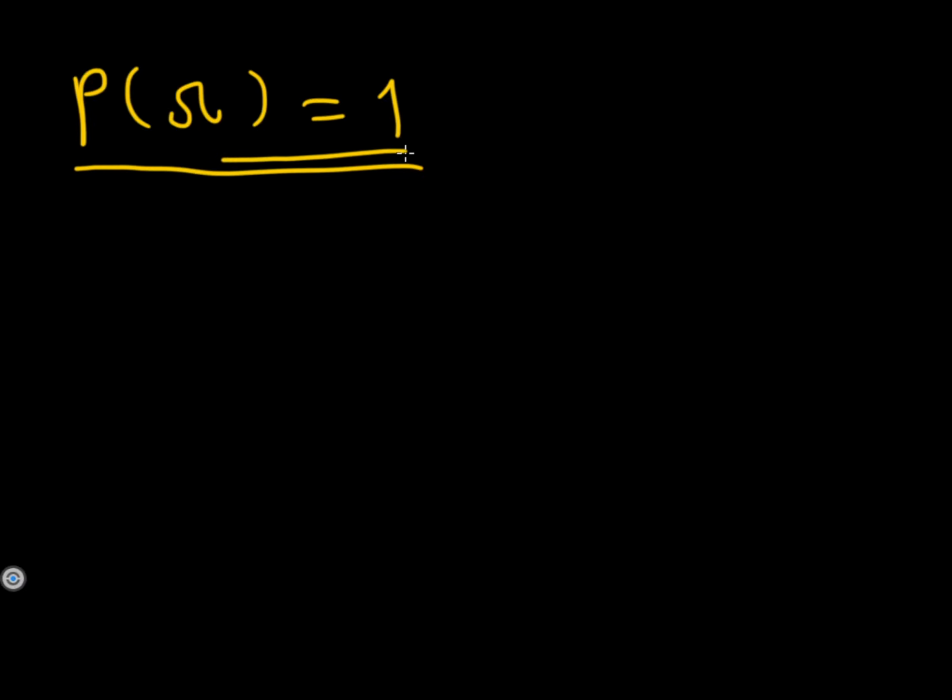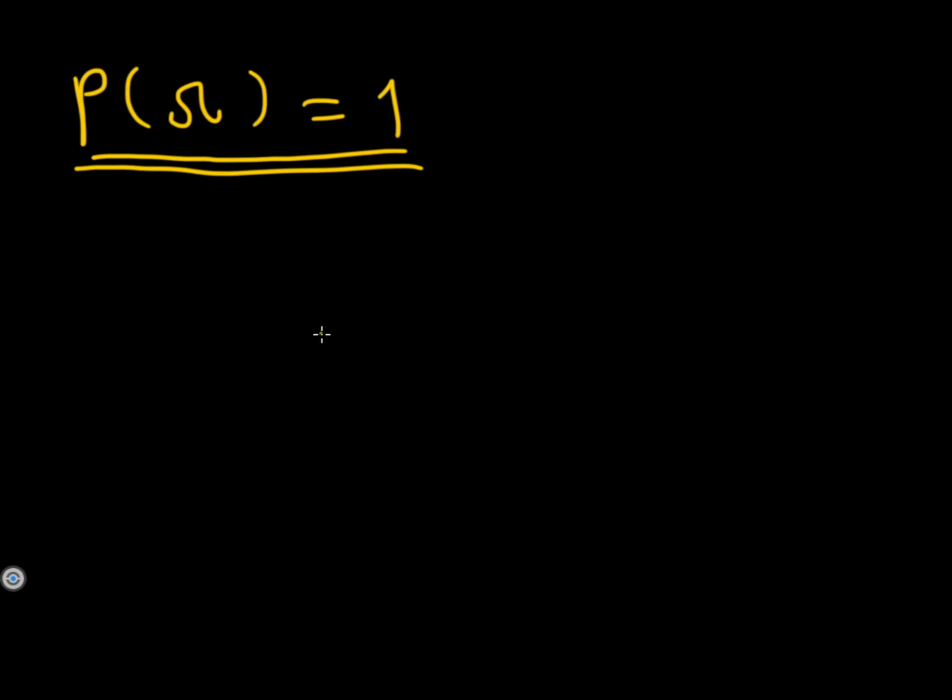Now, what is a probability measure? A probability measure is a measure such that omega gives 1. Now, omega is our probability space. So the probability of all events happening is 1. The probability of the probability space is 1.